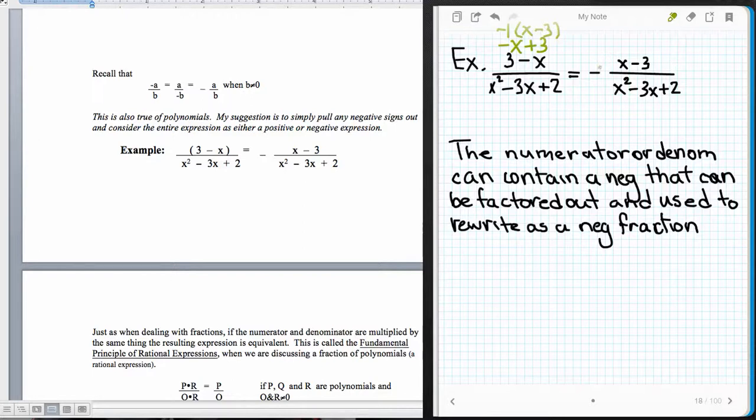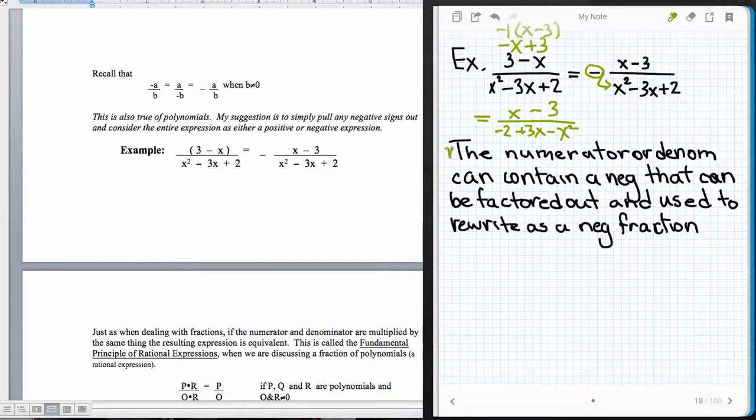Now this could also have been incorporated down here in the denominator, so this could have also looked like x minus 3 over a -2 plus a 3x minus an x squared. And that's another way that this thing could have looked. So you see that there are many equivalent forms.